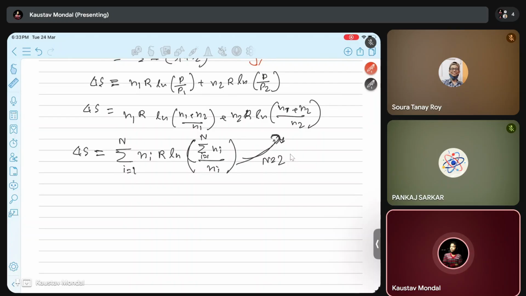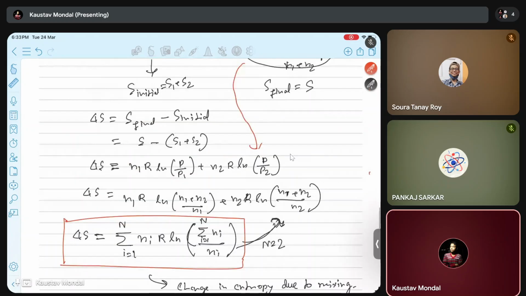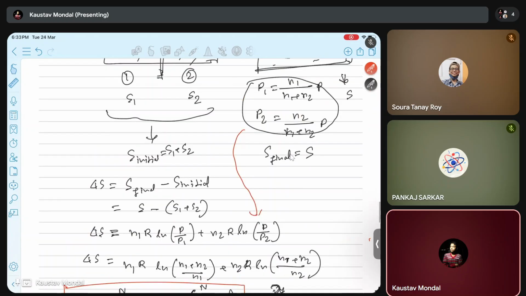This is the general form, the general form of the change in entropy due to mixing, or you can say entropy of mixing. So this is a general format.